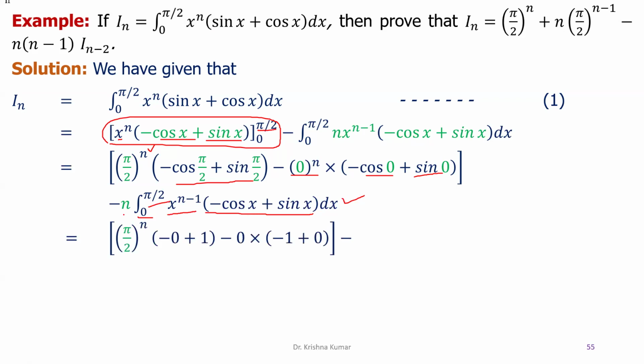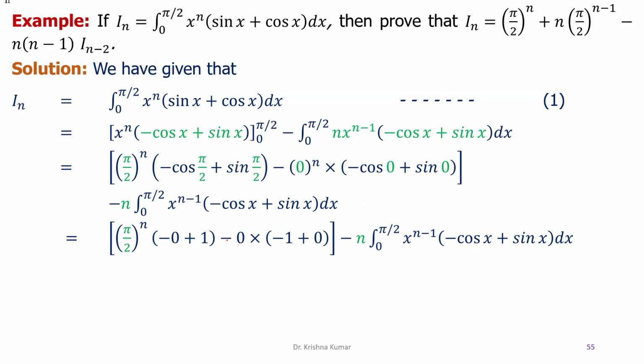Let us again simplify the first part. It is (pi by 2)^n, minus cos pi by 2 is 0, sin pi by 2 is 1. Again 0 to the power n is 0, minus cos 0 is minus 1, and sin 0 is 0. Then minus n, integration of x to the power n minus 1 in bracket (minus cos x plus sin x) with respect to x under the limit 0 to pi by 2.